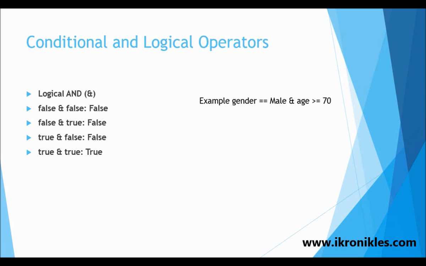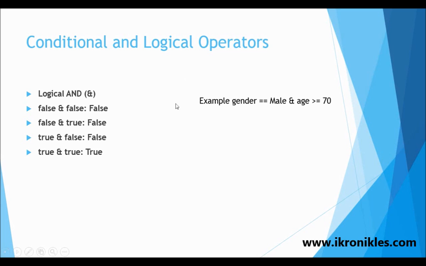Therefore, the expression gender equals male or age is less than or equal to 70 is evaluated regardless of whether gender is equal to male. This is useful if the right operand of the logical AND or logical OR operator includes needed side effects.